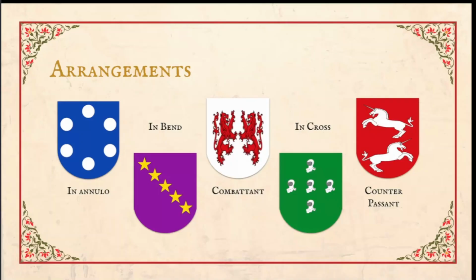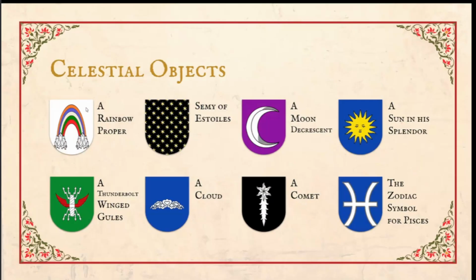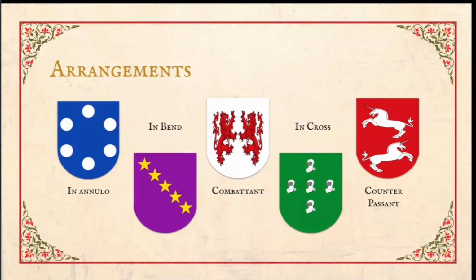Or you can say they're in cross if they form a cross symbol. And yes, that rainbow is a rainbow proper from the medieval times. But you could absolutely say a rainbow XYZ and go. So you might say a rainbow azure.